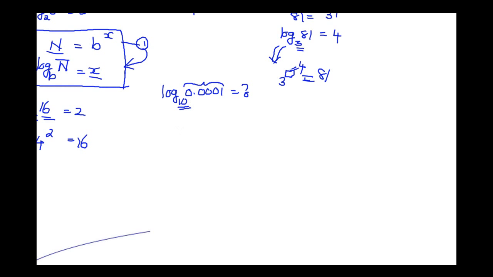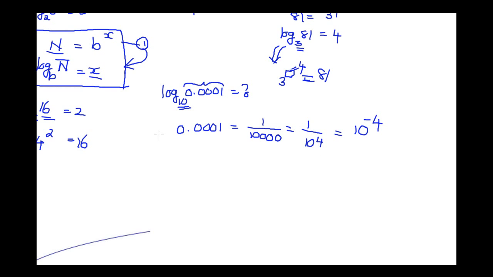The given number is 0.0001. Now this can be written as 1 divided by 10,000, since there will be 4 zeros. This can be written as 1 divided by 10 to the power 4, which is equal to 10 to the power minus 4.